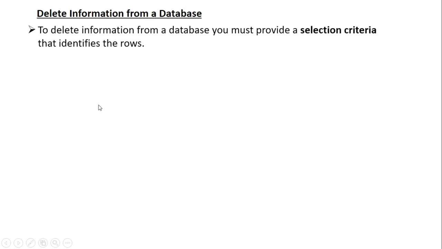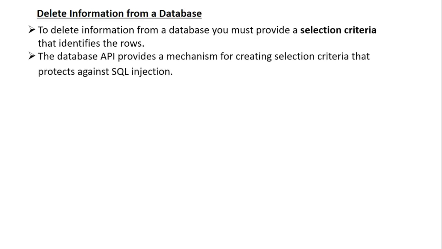Now here we can learn about how to delete information from a database. To delete information from a database, you must provide a selection criteria that identifies the rows. The database API provides a mechanism for creating selection criteria that protects against SQL injection.